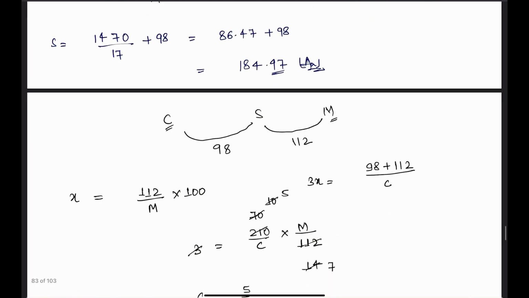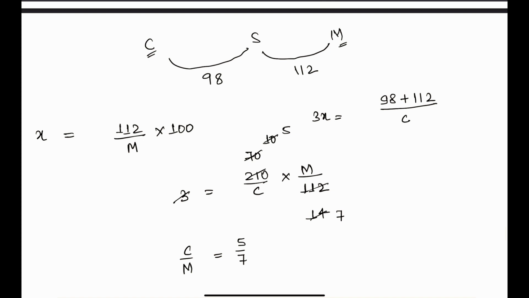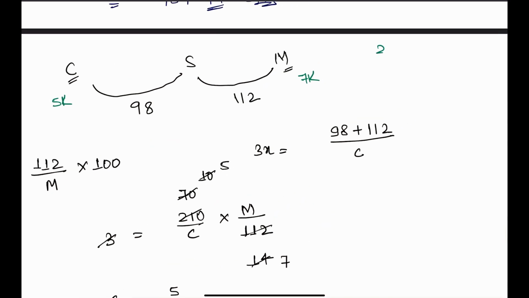So again with the same way I can rewrite over here, let's use some different pen, cost will be my 5k and my M will be 7k, and so my difference is 2k, and that 2k is nothing but 210, right? So my k will be 105.